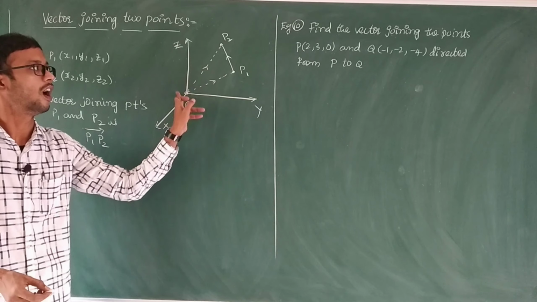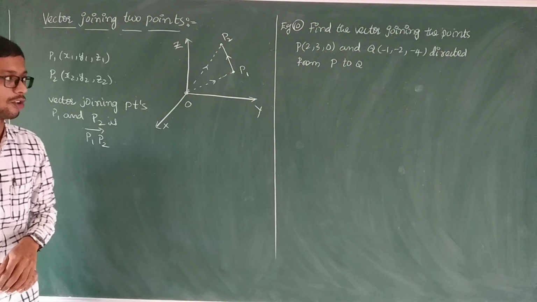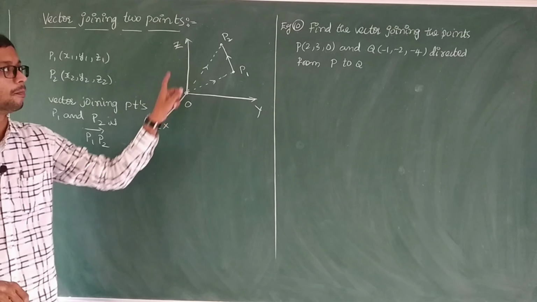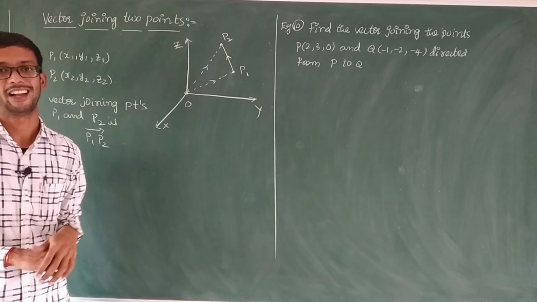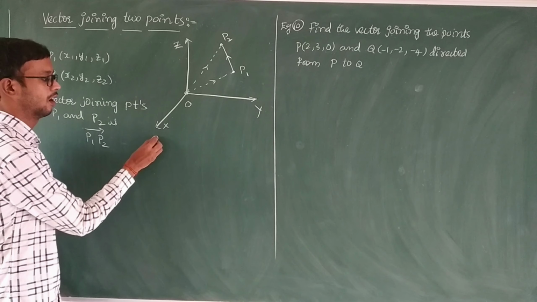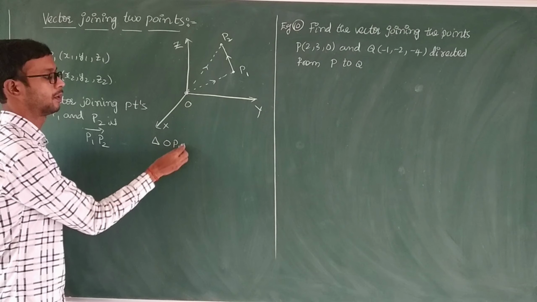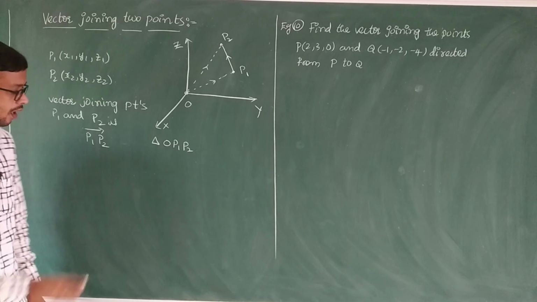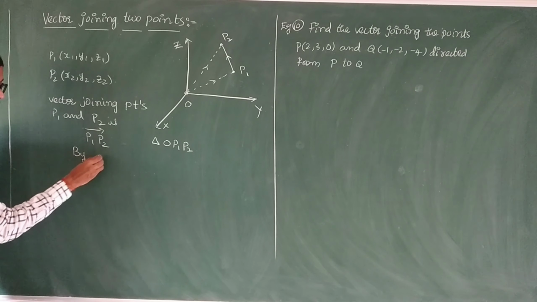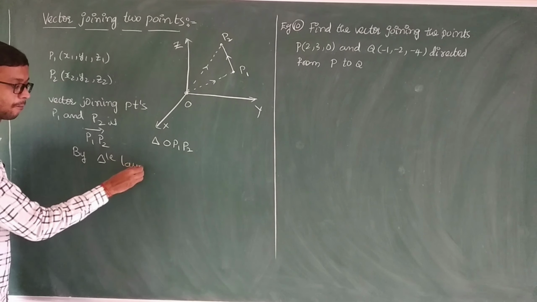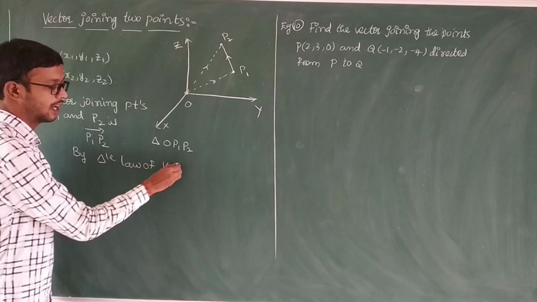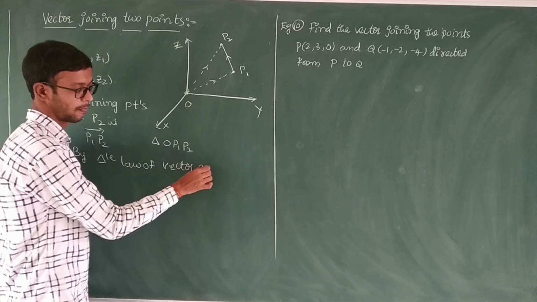Origin to P1, origin to P2. If we join them, it forms a triangle OP1P2, by the triangle law of vector addition.